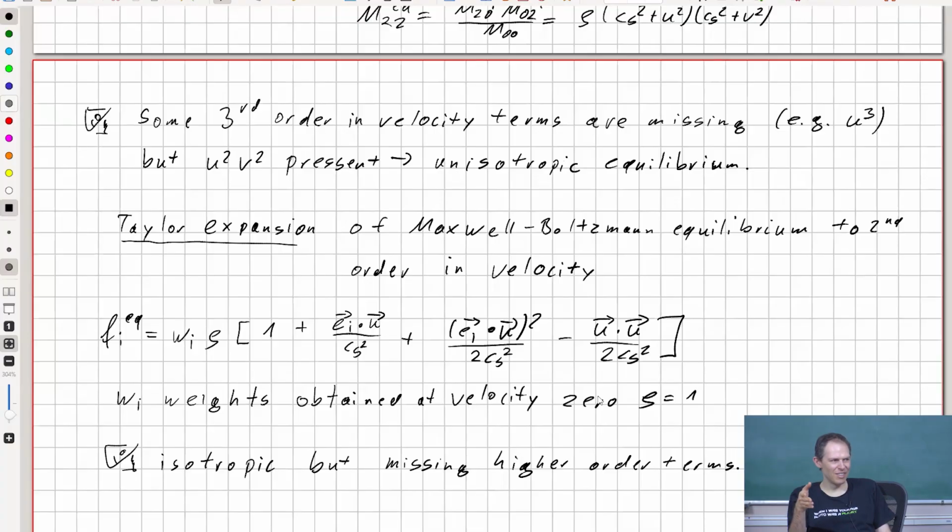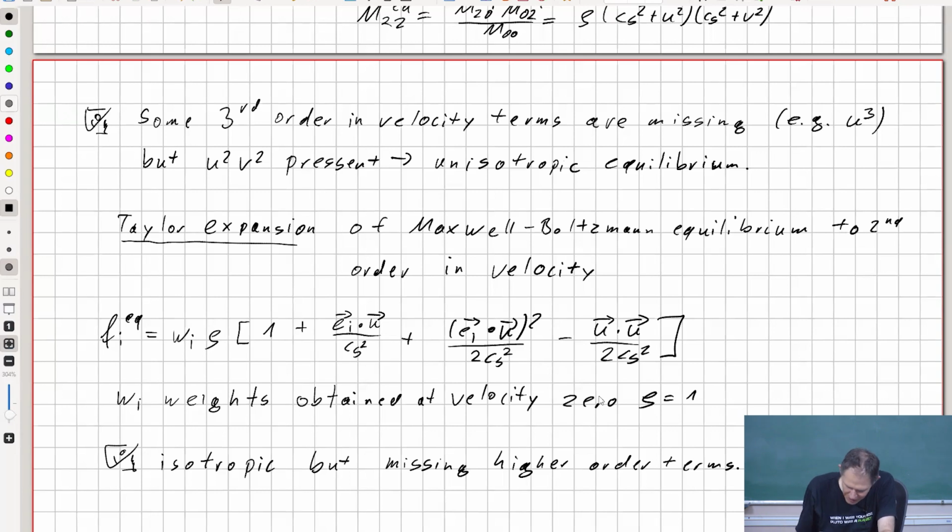So now you have to decide for yourself what you want. Do you want an error that is small but dependent on direction, or an error that is large but independent of direction? This is a matter of taste, and different people have come to different conclusions.